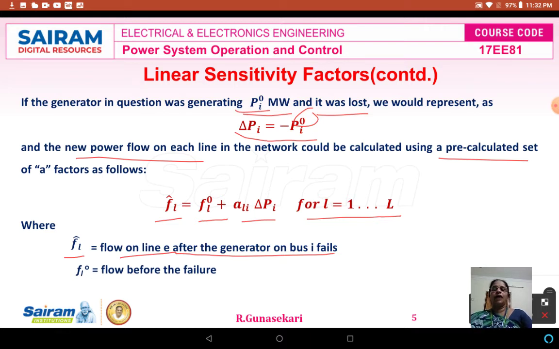That is, after the fault occurs, it is represented by the FL vector. But the FL naught is the flow before the failure occurs. This is the difference between the FL vector and the FL naught.